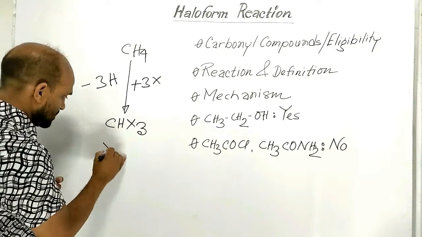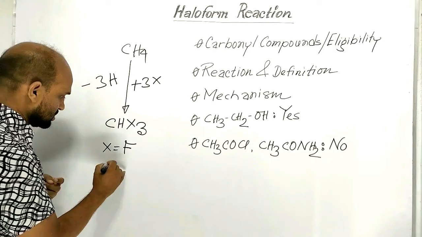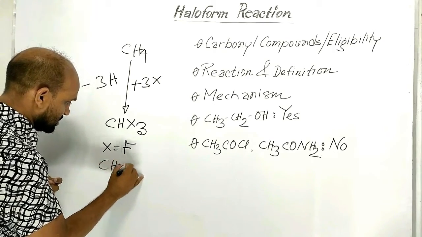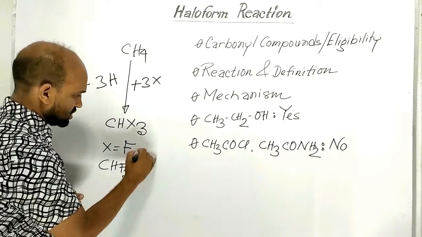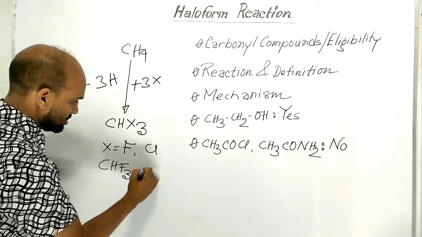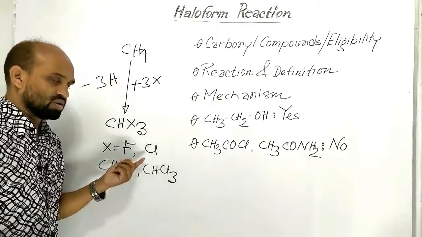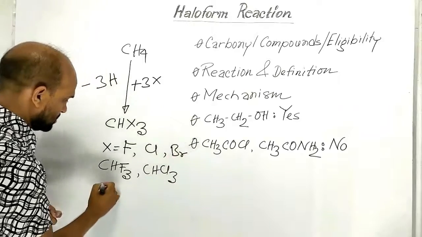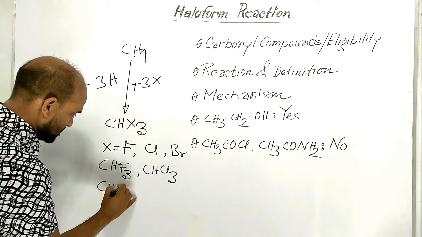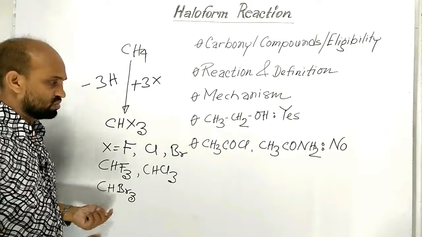If X is fluorine, then this is CHF3, fluoroform. If it is chlorine, then CHCl3, chloroform. If it is bromine, then CHBr3, bromoform.